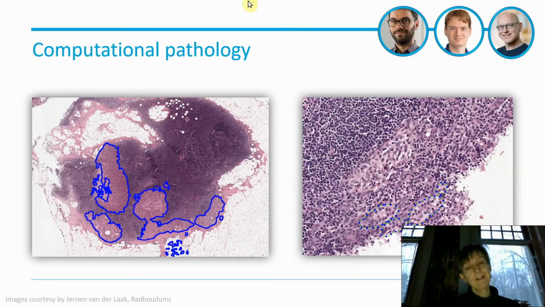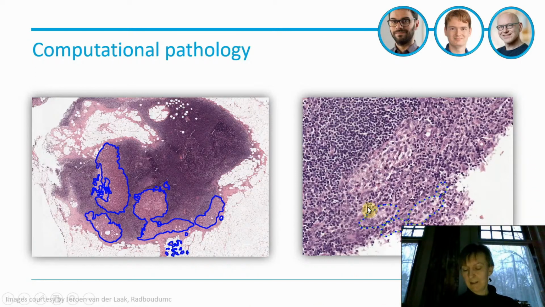And this is an example of a lymph node with metastasis of colon carcinoma, and they trained an algorithm after pathologists had marked several hundreds of cases of lymph nodes with and without micrometastasis.